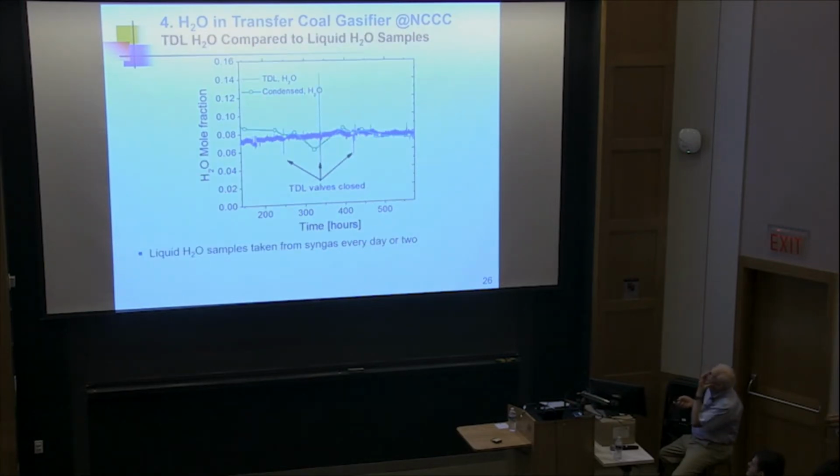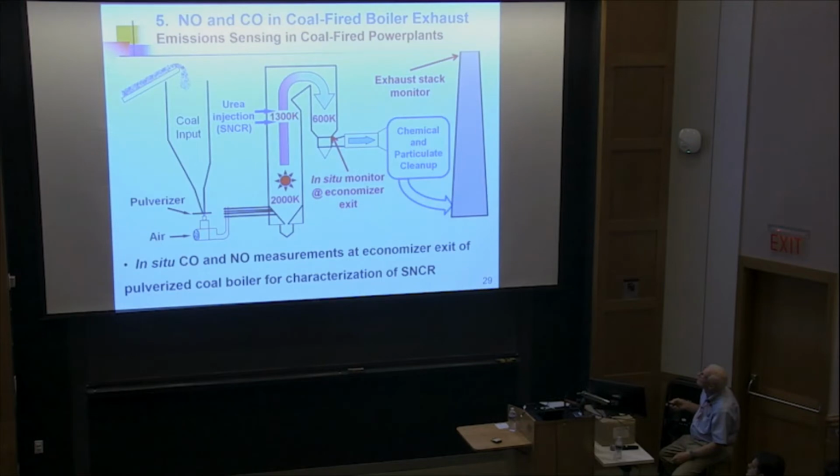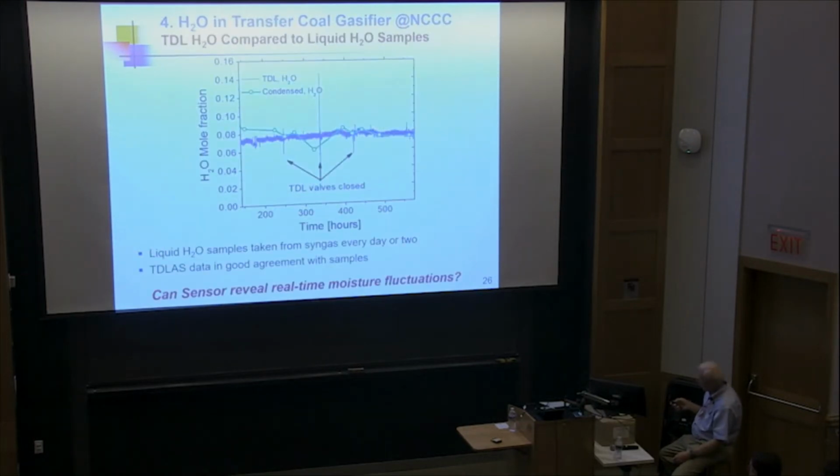So this was, they really cared about the amount of water because they didn't have a way to measure the water content. They had to extract some sample and then go analyze it. And they only would do that intermittently, but they still wanted us to compare. So we're measuring, oops, that's like not too far. Okay.